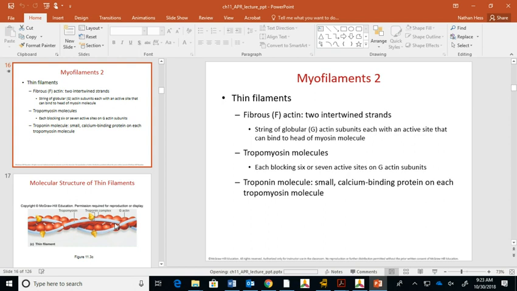Active sites are where those myosin heads will reach up and grab onto, bond to, which is basically, again, how muscles work. And we'll talk more about this as we go. But it's very important you understand that the actins have these active sites. It makes sense, right? They sound very similar. Actin, active. And the myosin has the big heads that are reaching up and grabbing there.